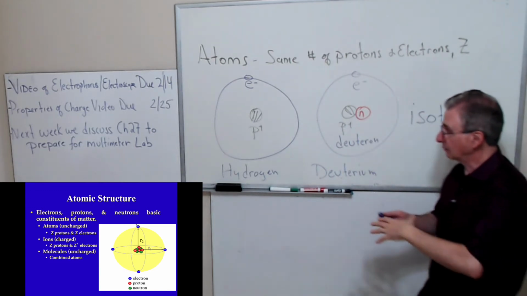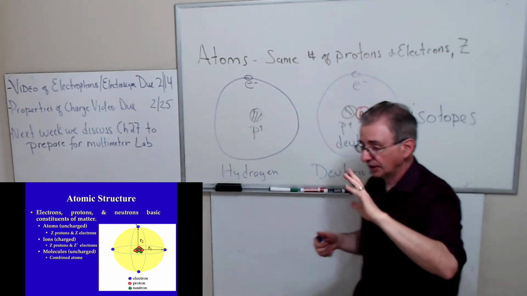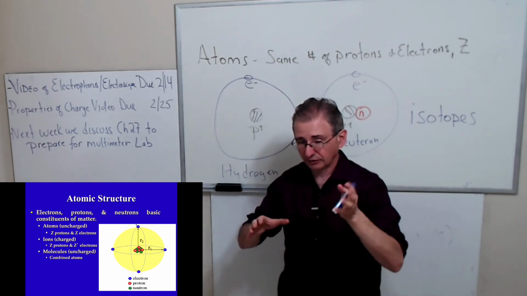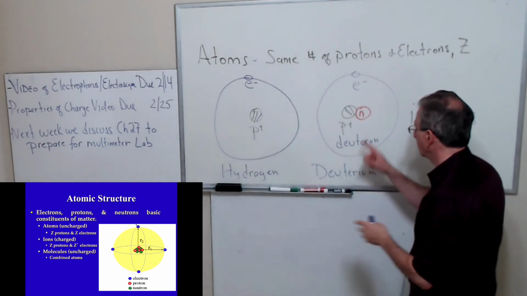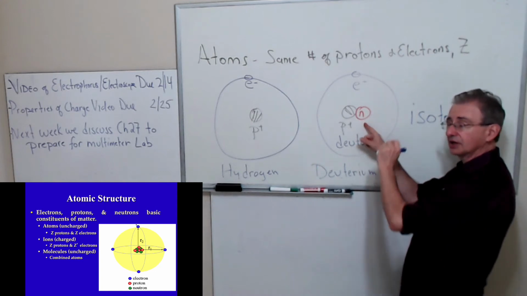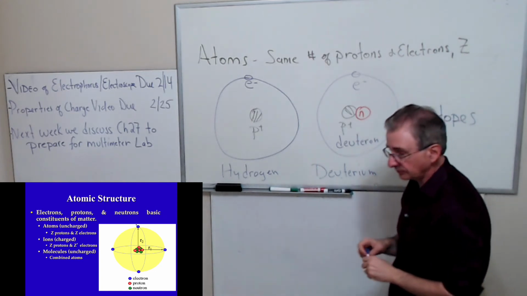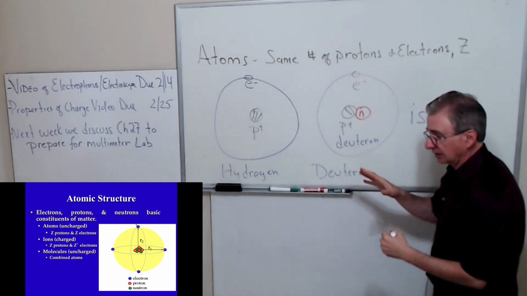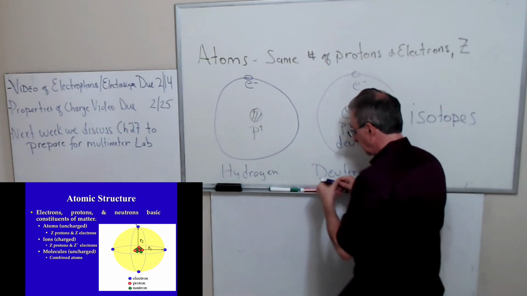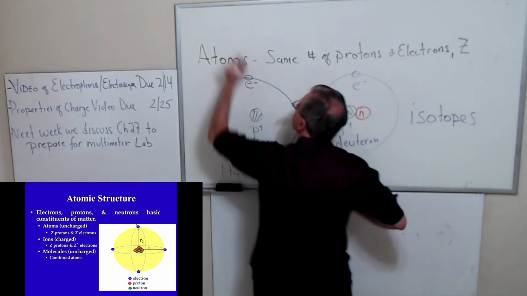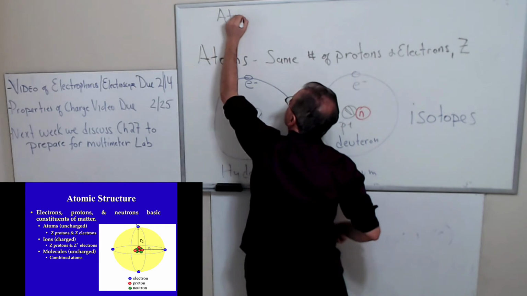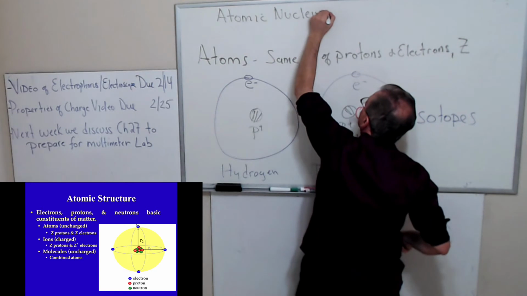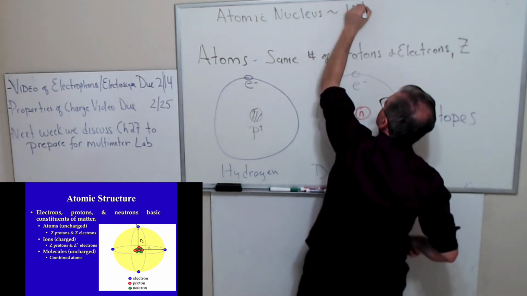For example, uranium, which has 92 protons and 92 electrons, comes in many different isotopes. So there are different versions of uranium with different numbers of neutrons in the nucleus. Just to give you an idea of the size of these things, the atomic nucleus is of the order of 10 to the minus 15 meters.